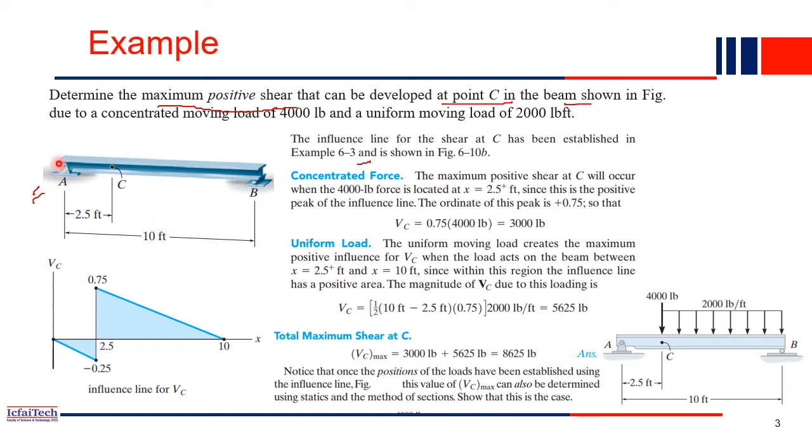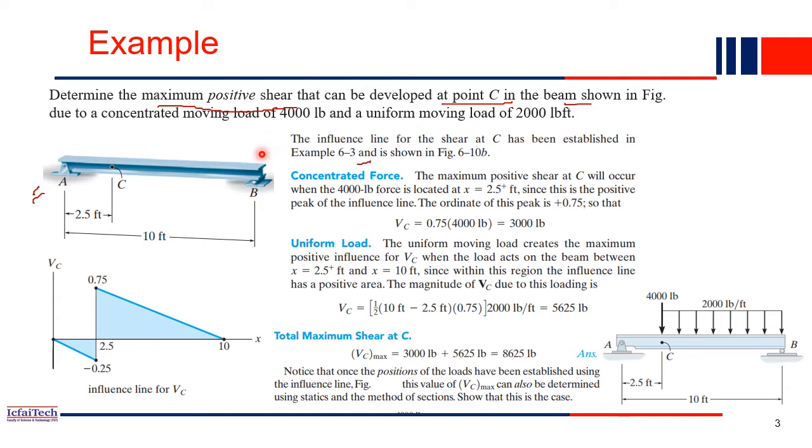So now two loads are moving, right? Two moving loads are there in this beam. One is a concentrated load of 4,000 pound, gradually moving from A to B, and another is a uniformly distributed load of 2,000 pound per foot, also moving from A to B. So basically two loads are moving, one concentrated and another uniformly distributed.